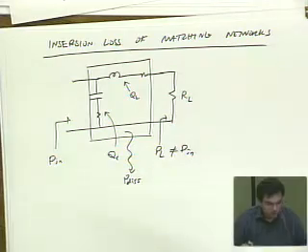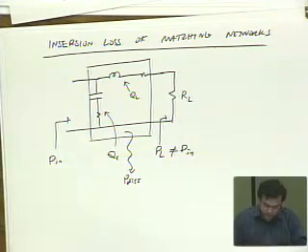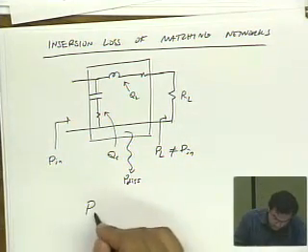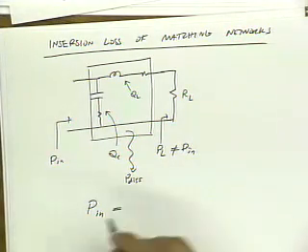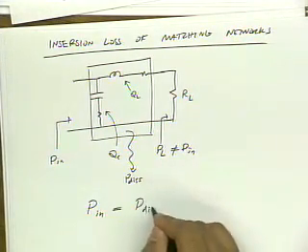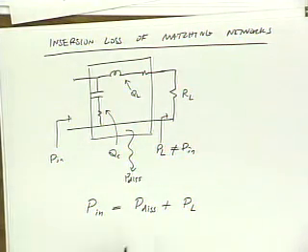So I'm going to derive a really approximate expression for the insertion loss, which is more intuitive than anything. And the way we derive it is we, first of all, make an obvious statement. We say that the input power is equal to the power dissipated plus the power that goes to the load, right? And of course we want to minimize the power dissipated.